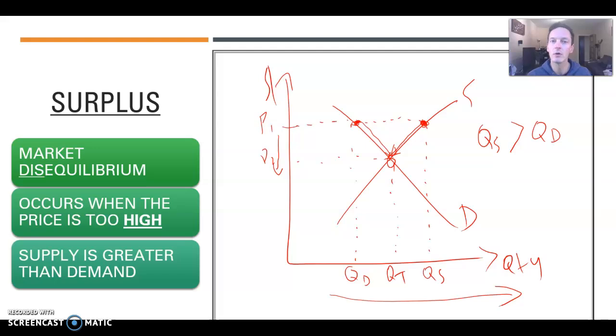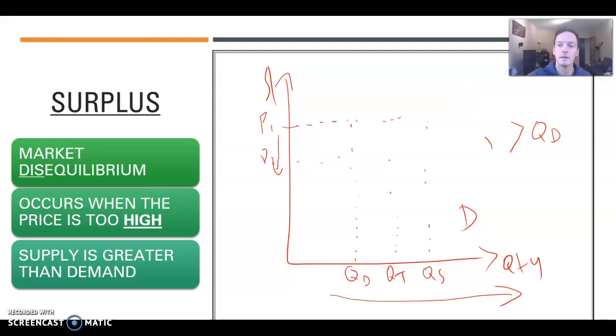Incidentally, this can also be caused by a shift in the demand or the supply curve. So for example, if I clear this, there we go, don't worry about the dots.